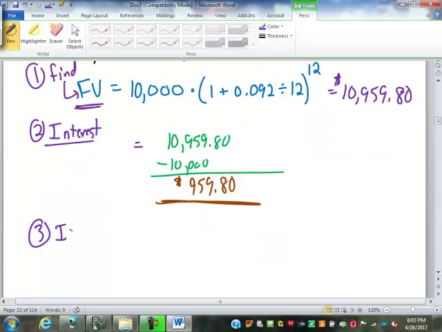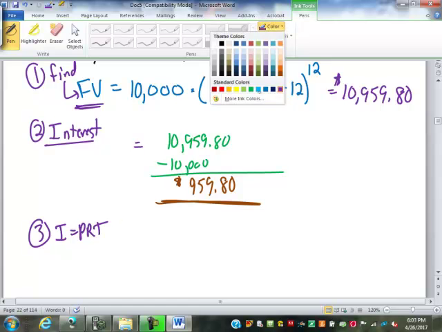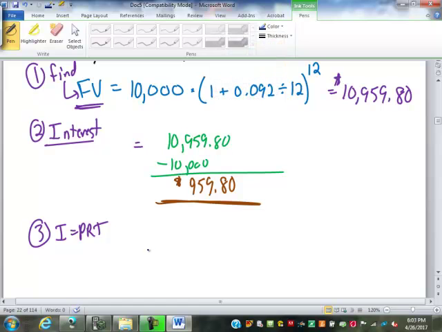Now we can do the effective rate. Remember, step 3 is I equals PRT. What goes in for I? 959.80. What goes in for P? 10,000, that's just the principal. We are looking for R, and our time is 1.